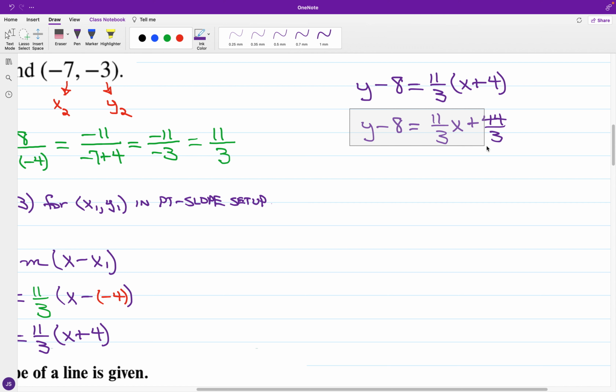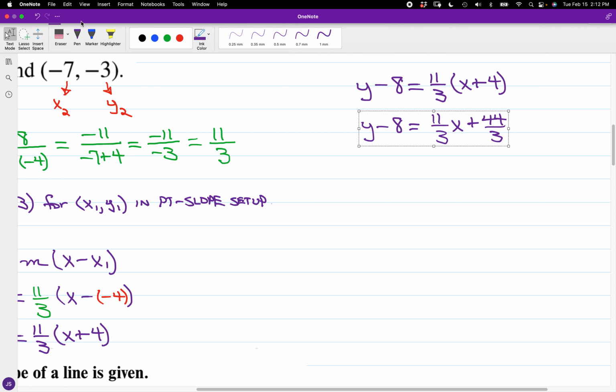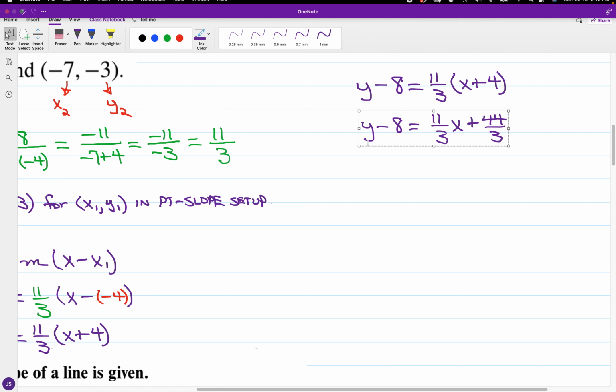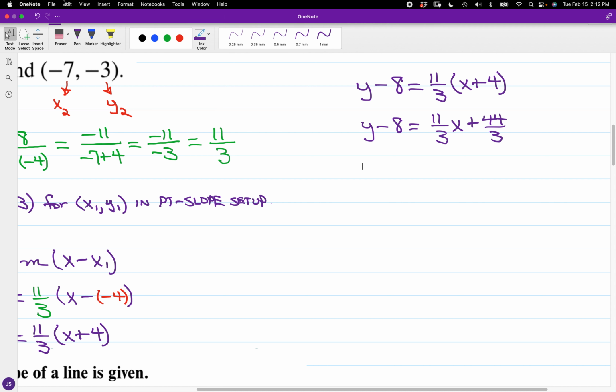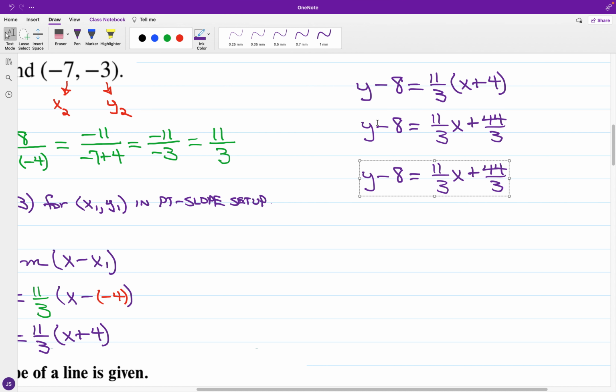And looking at isolating y, I'm going to add 8 to both sides. Okay, so you got y is equal to 11/3 of x.